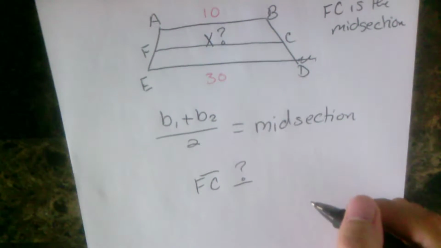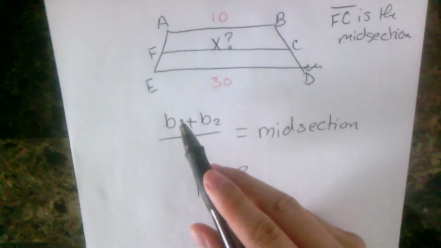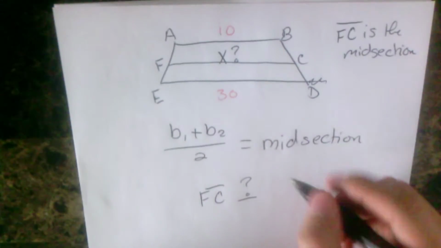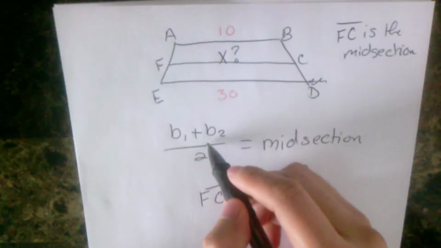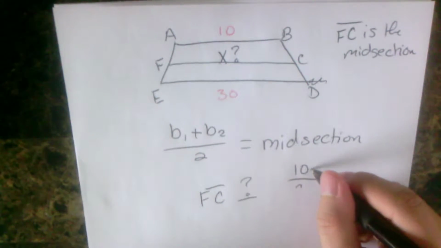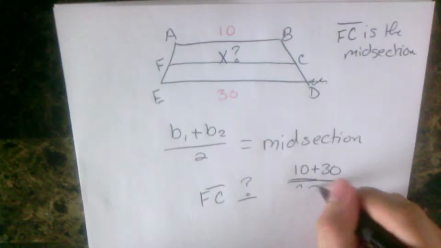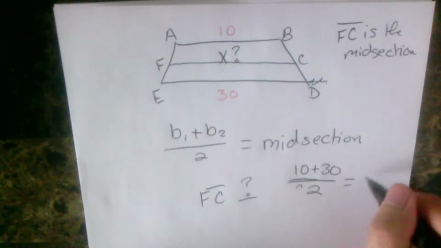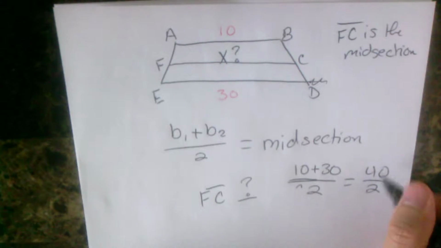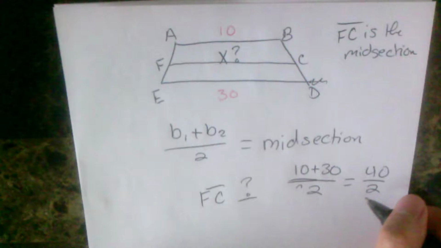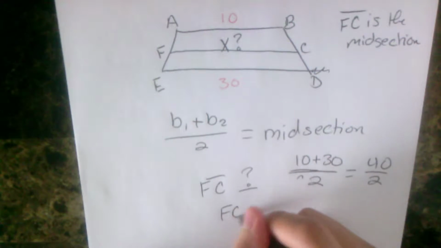But we're going to find out. And all you're going to do is go, okay, well, what's base 1? 10. What's base 2? 30. And then this is all over 2. So 10 plus 30 is 40. 40 cut in half, or 40 divided by 2, is just 20. So FC must equal 20.